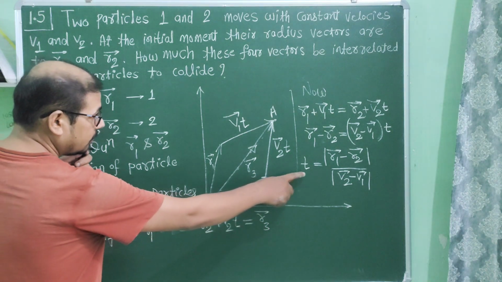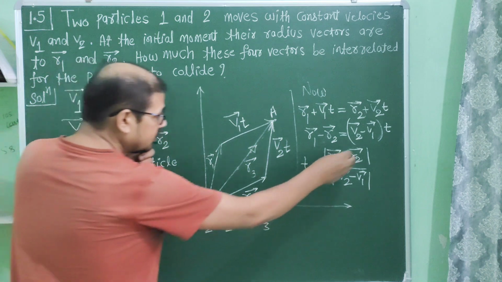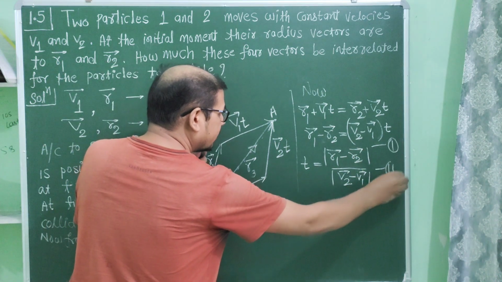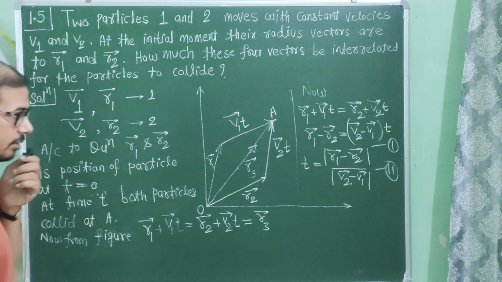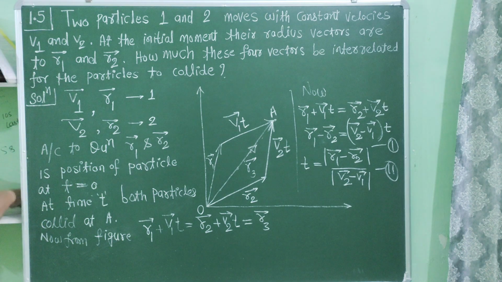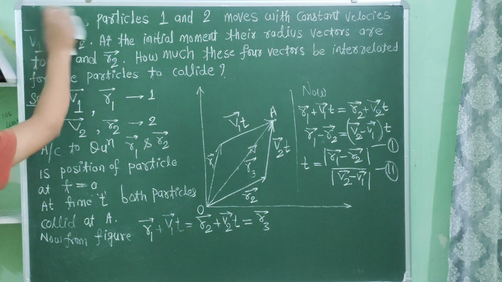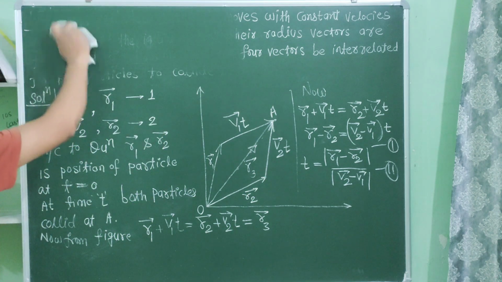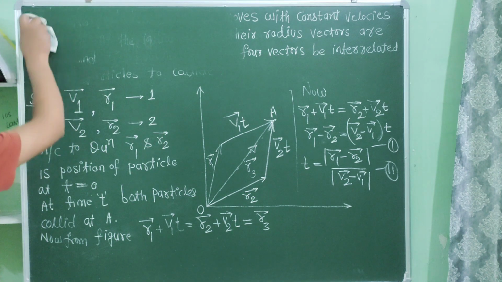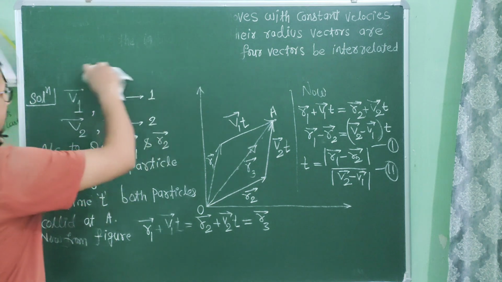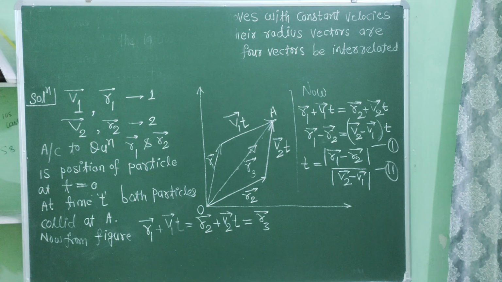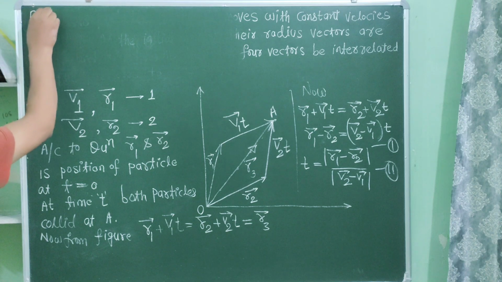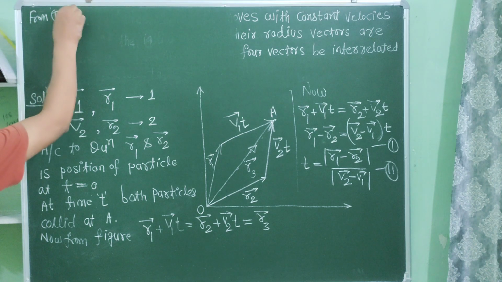This is equation number first, this is equation number second. Now, putting the value of t in equation first. Clear? Putting the values from first and second.